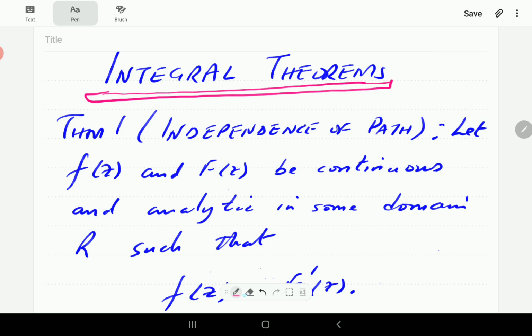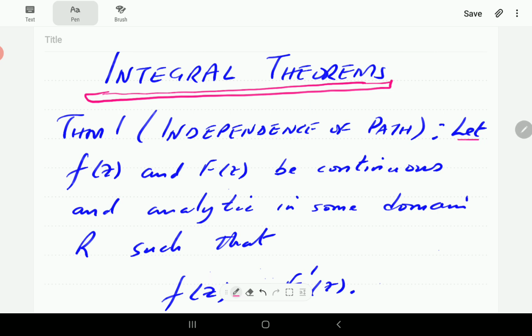So the first theorem we are going to look at is called the independence of path theorem. And we've sort of alluded to it in the previous video when we worked through those examples, and one of the examples had exactly the same value irrespective of the path along which we integrated.